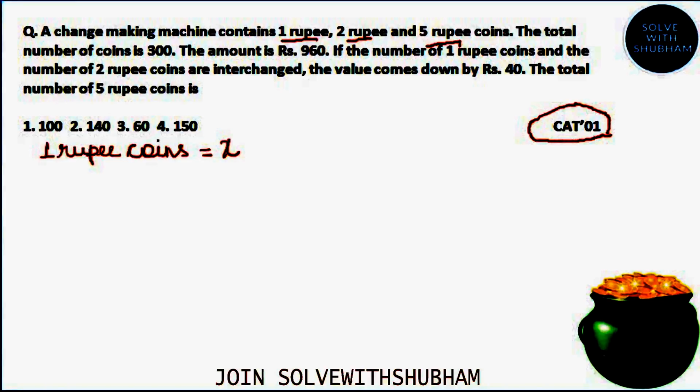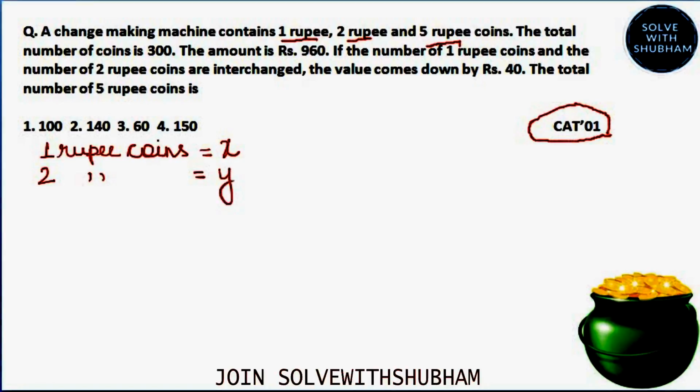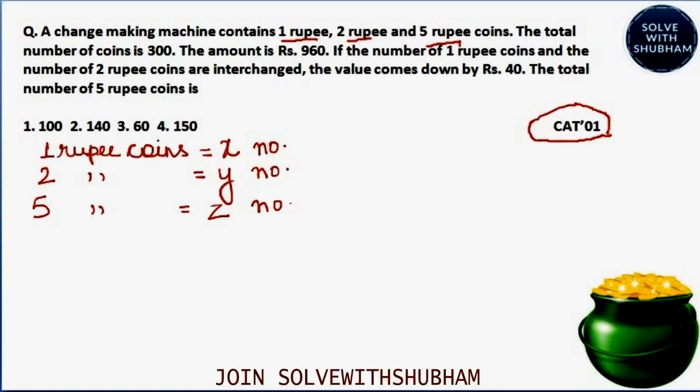Let us say x number. Then 2 rupee coins, how many we have? Let us say y number. Then we have 5 rupee coins. Assume we have z number of coins. This is our assumption.